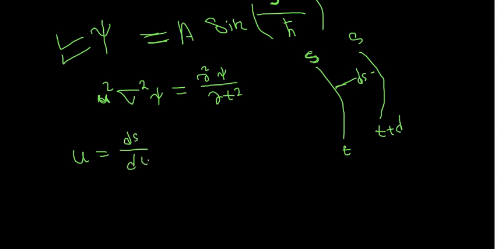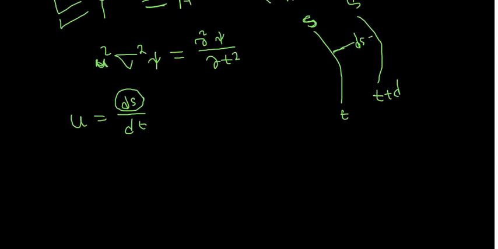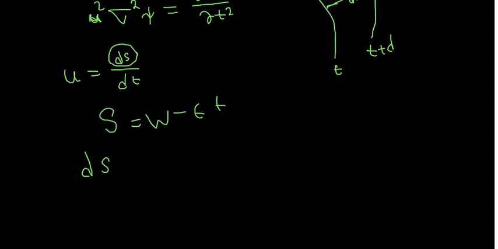But how can we get this ds right here? Actually, we're going to start from the simplest argument. We know that s is equal to W minus Et, right? And at the same time, we know that this s is constant, it's not changing, so when you take the differential of s, that's equal to dW minus E dt, right?